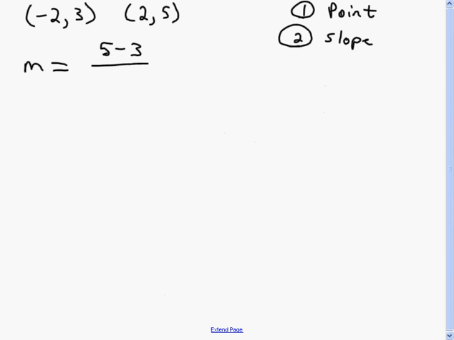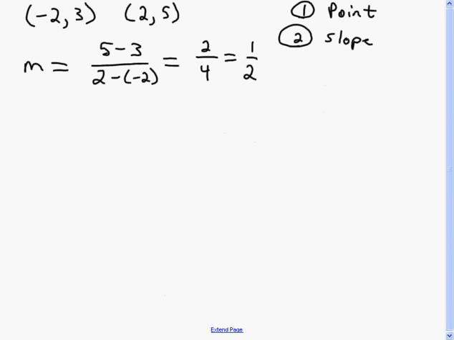Difference in my x values, since I started with 5, I got to start with 2, so it's 2 minus -2. 5 minus 3 gives me 2. 2 minus -2 gives me 4, because it's 2 plus 2, which is 4. And 2/4 I can reduce down to 1/2. So now I have my slope.